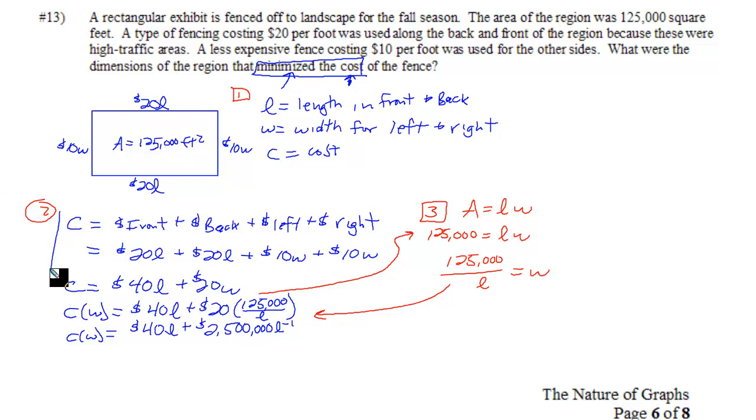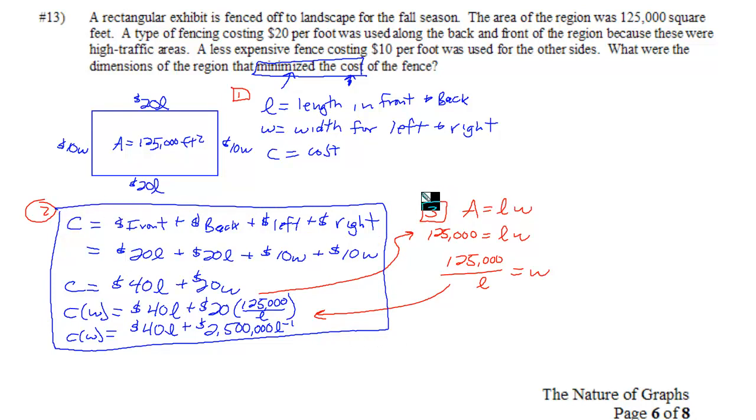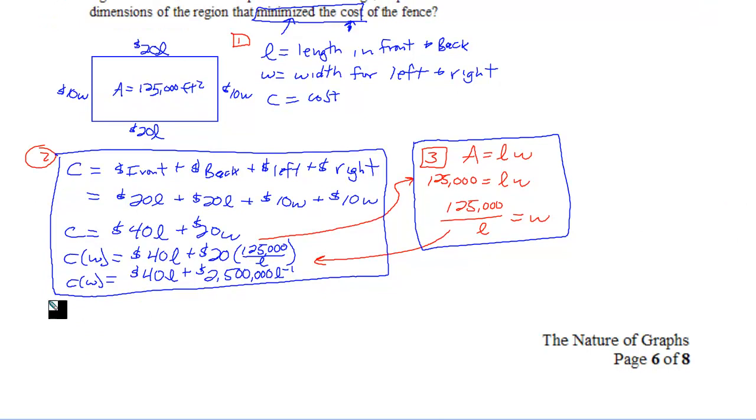So at this point, I have a cost function in one variable, which is great. Once I have that, then I need to find the derivative and figure out what the minimum is. So derivative.